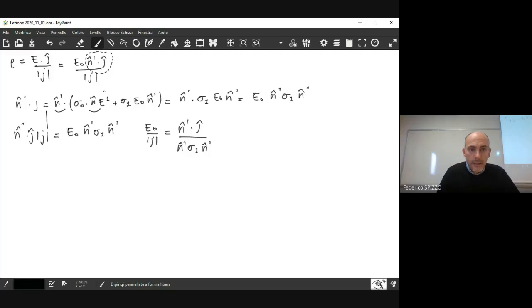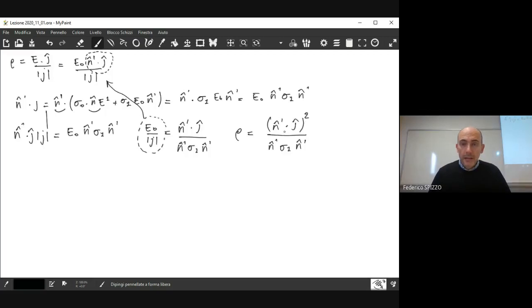And we may substitute this into that equation. So we have that the resistivity is equal to n prime scalar product J versor squared divided by n prime sigma 1 n prime.